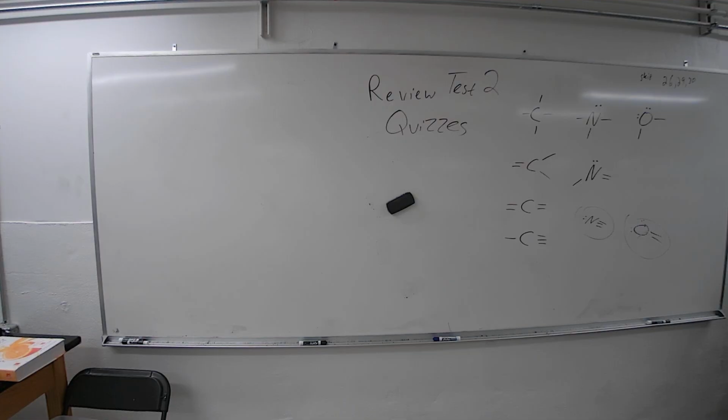You get square planar. Here's 6 things around it. None of them are pairs. So this one's just octahedral. Make sense?